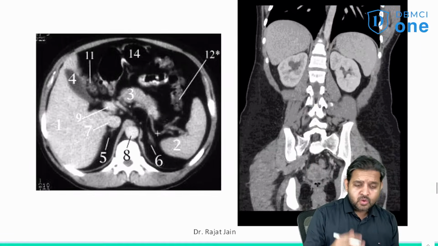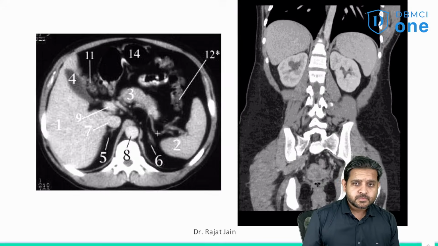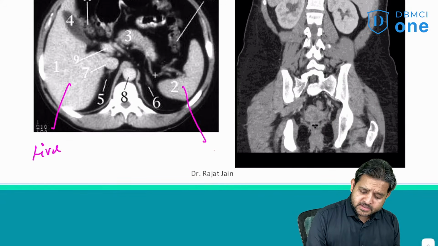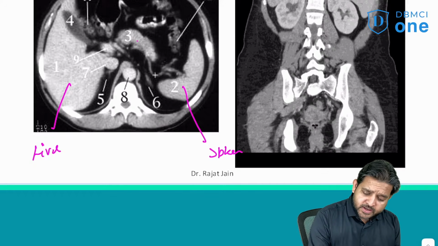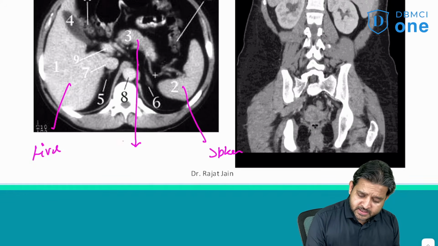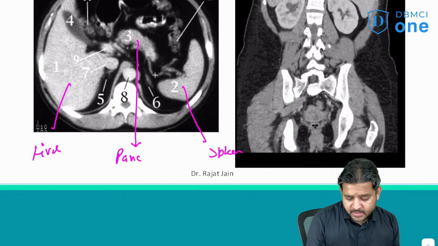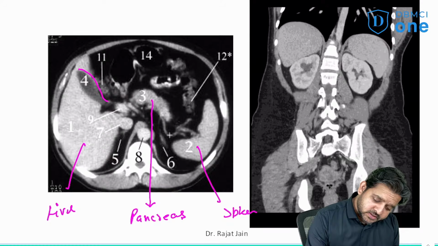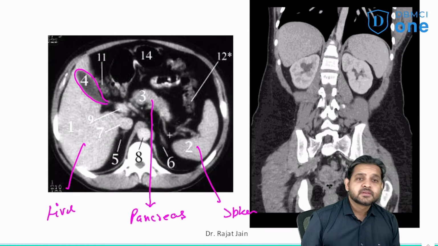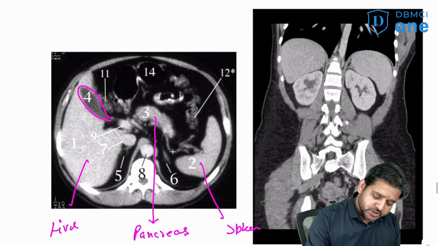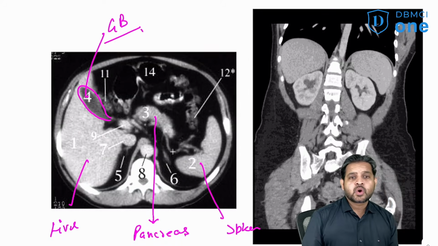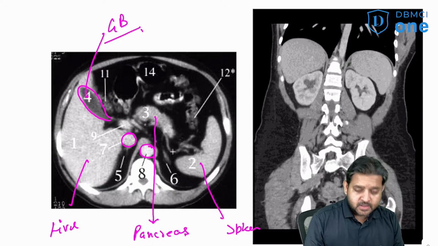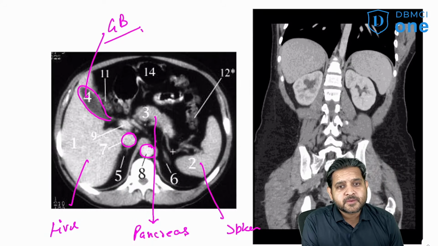Now, if I go further down, now what I see is liver, spleen, and now I can see another gland in the center, which is pancreas. And now I can also see this fluid filled structure, which should be gallbladder, right? Aorta and IVC continue to be seen similarly, right?